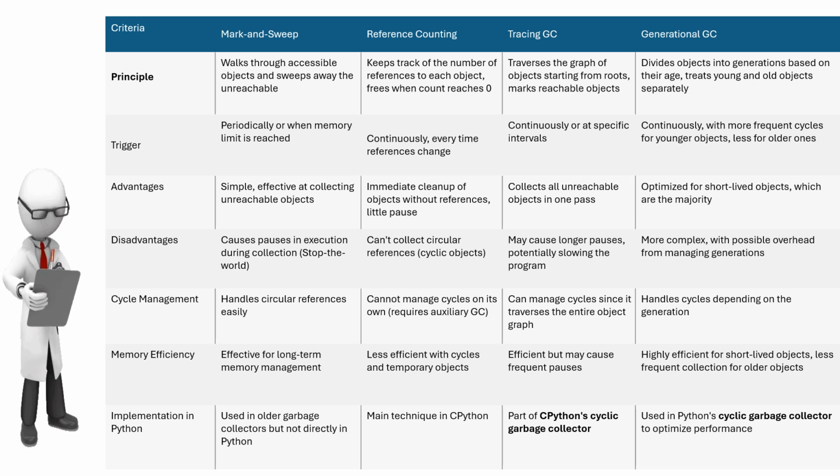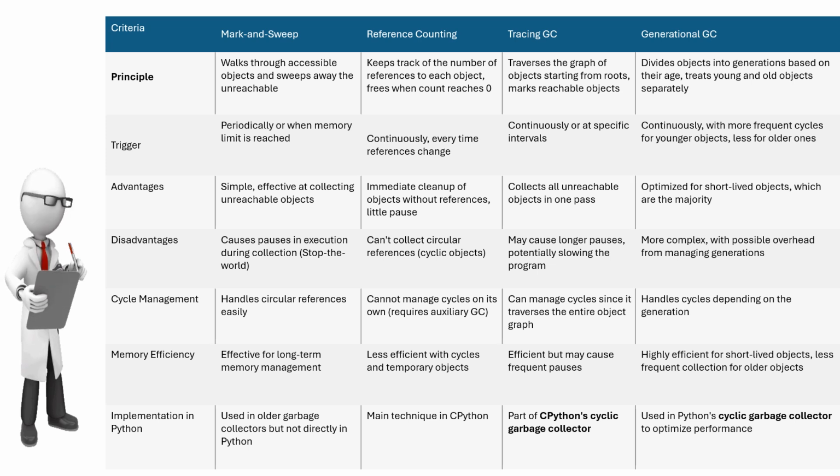Next, reference counting, used in Python's CPython, frees memory as soon as objects are no longer referenced, but struggles with circular references. That's where tracing GC comes in, identifying unreachable cycles by scanning the object graph, though it may cause brief pauses. Finally, generational GC.